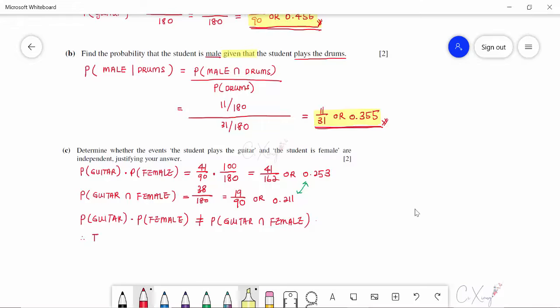The student plays the guitar, and the student is female. They are not having the same value, right? If you make the comparison just now, therefore, they are not independent.